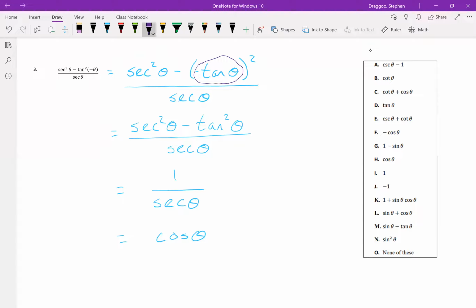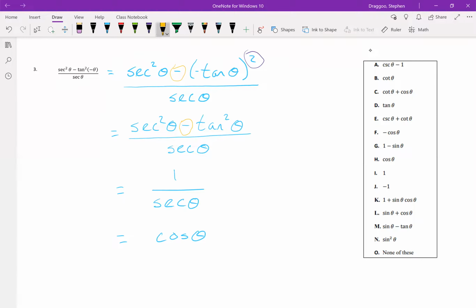Now that whole piece, that whole negative tangent theta is what is getting squared by that tangent squared. So when I square negative tangent of theta, I end up with positive tangent squared of theta. But I still had the negative from the problem that stays here.